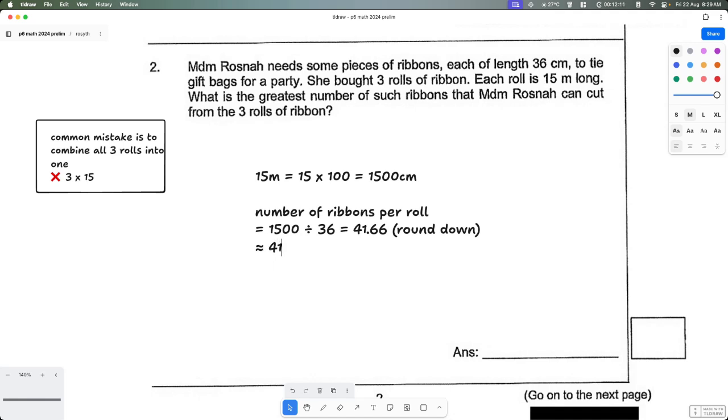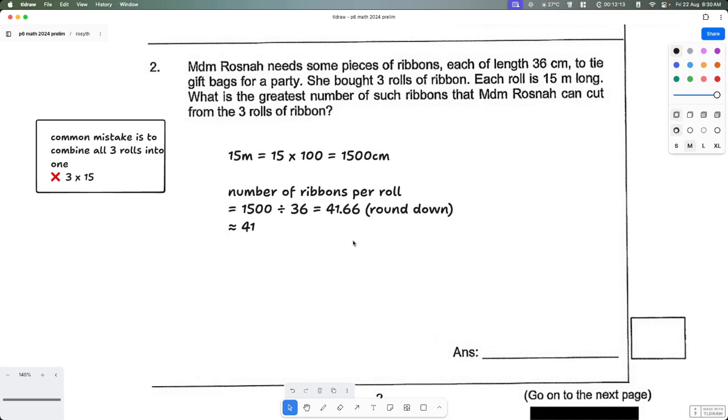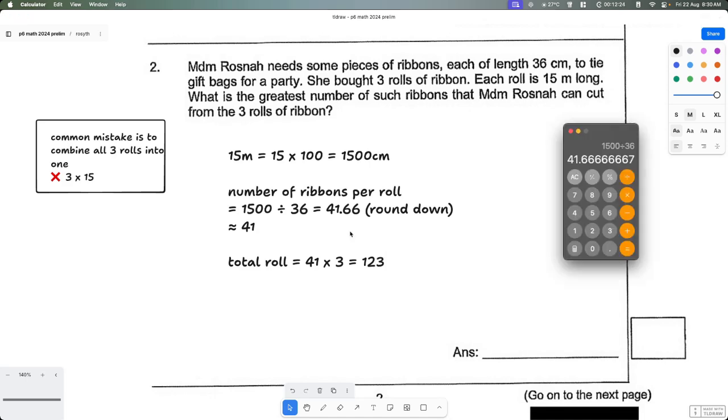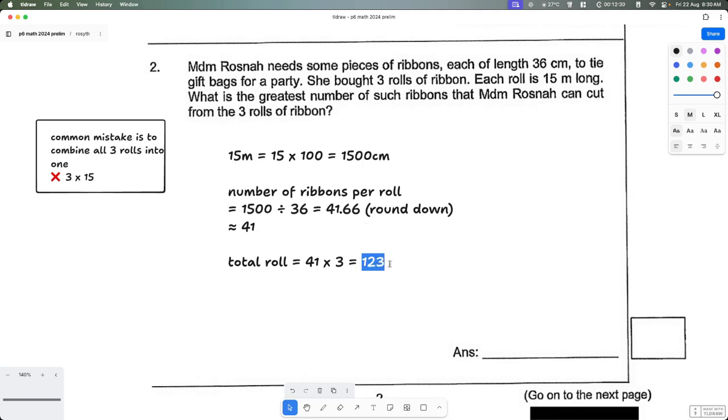So you're able to get 41 ribbons per roll. Then the total is equal to 41 times 3, which gives you 123. There you go, that's the answer. Okay, let's move on to the next question.